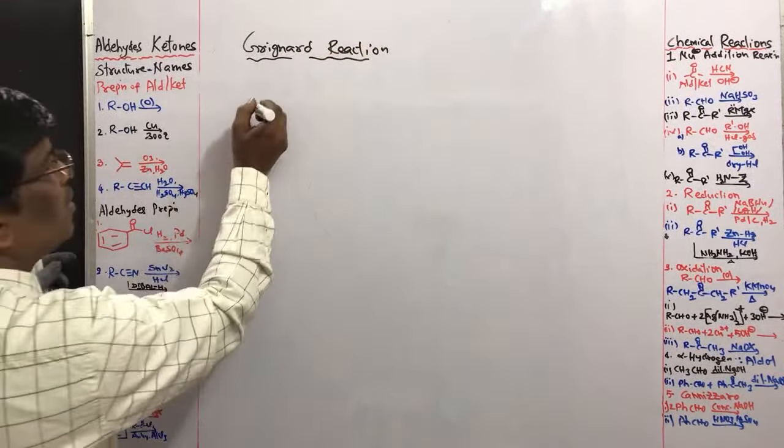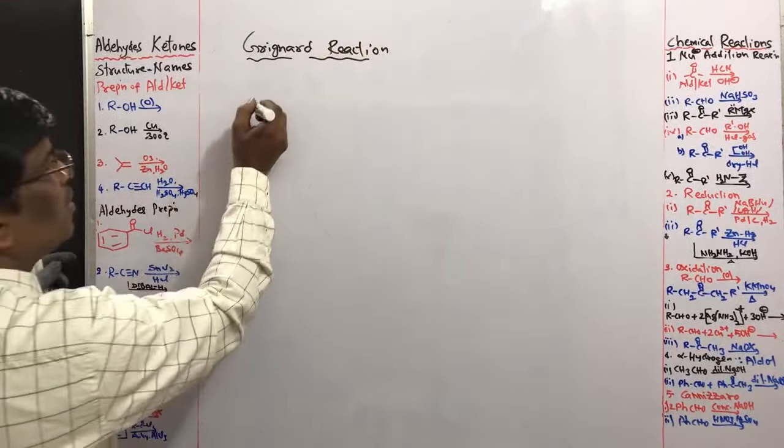It can be prepared by adding magnesium in dry ether to the mixture of alkyl or aryl halide. So usually halide, bromine or chlorine. Chlorines are less reactive when compared to bromine. So alkyl halide, when you add magnesium in dry ether, you are going to get Grignard reagent. Alkyl magnesium halide is a Grignard reagent.